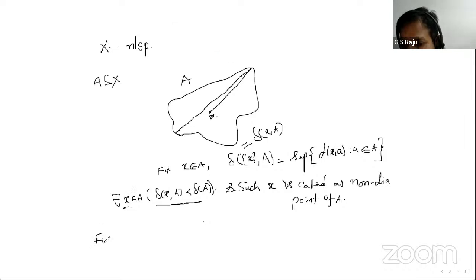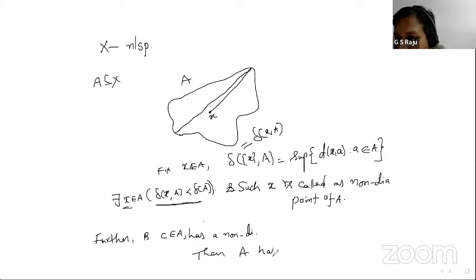Further, if every subset C of A has a non-diametral point, then we say that A has normal structure.